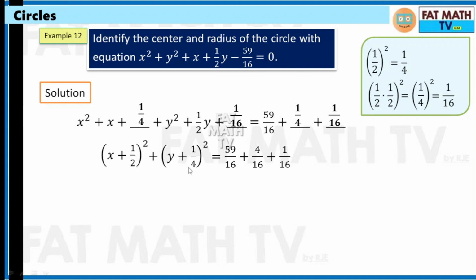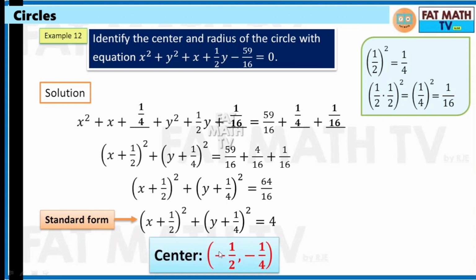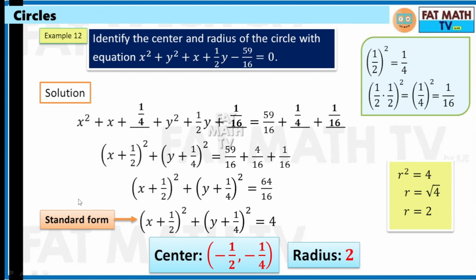So copy the left side of the equation, and then 59 plus 4 plus 1 is 64, and 64 divided by 16 is 4. So this one now is in standard form with h negative 1/2, k negative 1/4, and r squared equals 4. So the center is at negative 1/2, negative 1/4, and the radius is the square root of 4, which is 2.